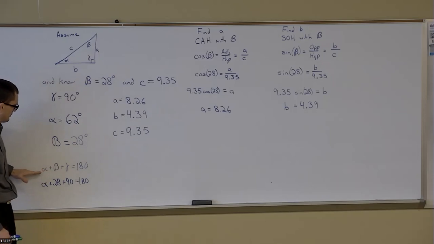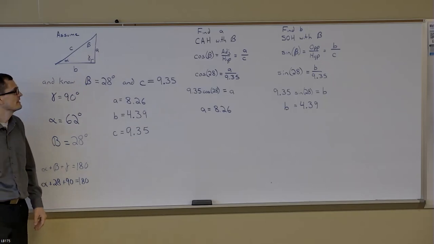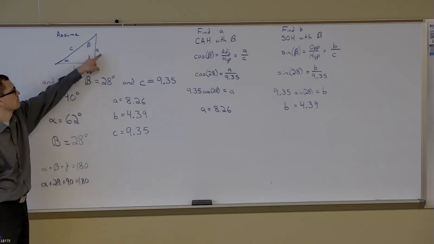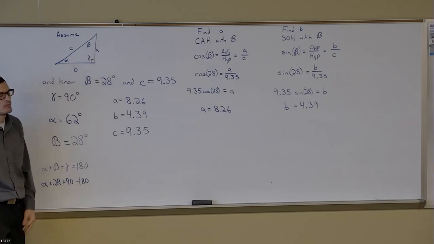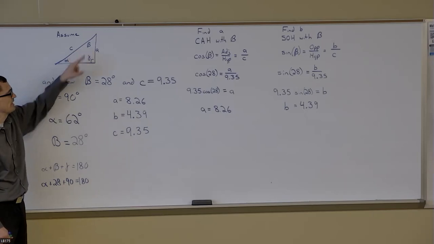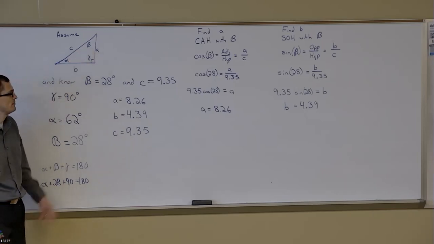And you can use the fact that the angles add up to 180 to find the measurements of the angles. We did one with one of the legs and an alpha. We did one with the hypotenuse c and beta here.